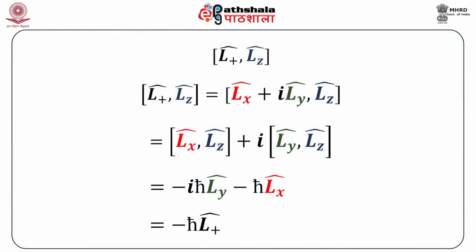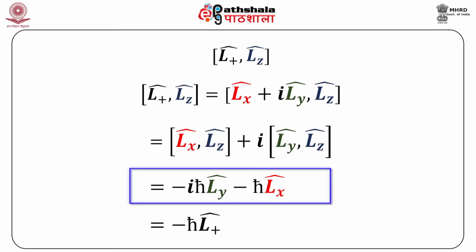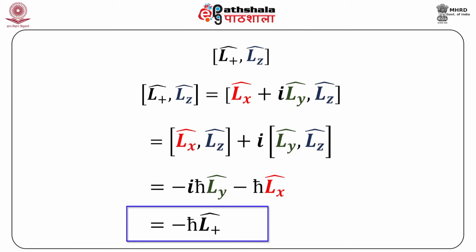First is the commutation of L plus and Lz components of angular momentum, where the substitution of L plus operator modifies the expression to [Lx + iLy, Lz], which on simplification gives the expression minus iħ Ly minus ħ Lx, which is equivalent to minus ħ L plus.